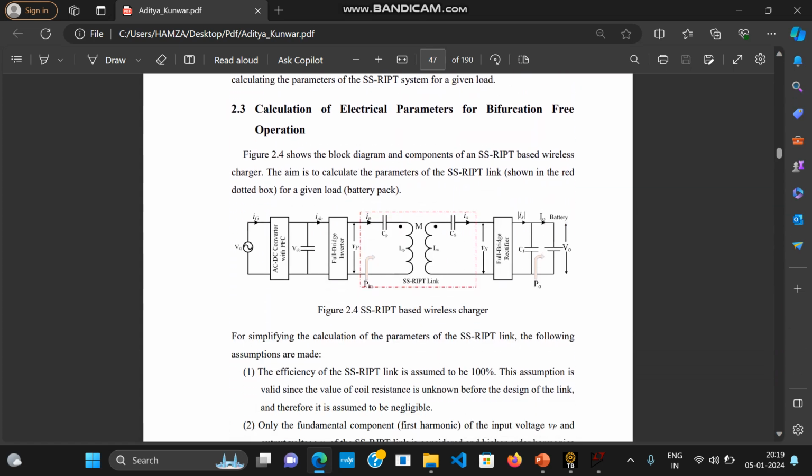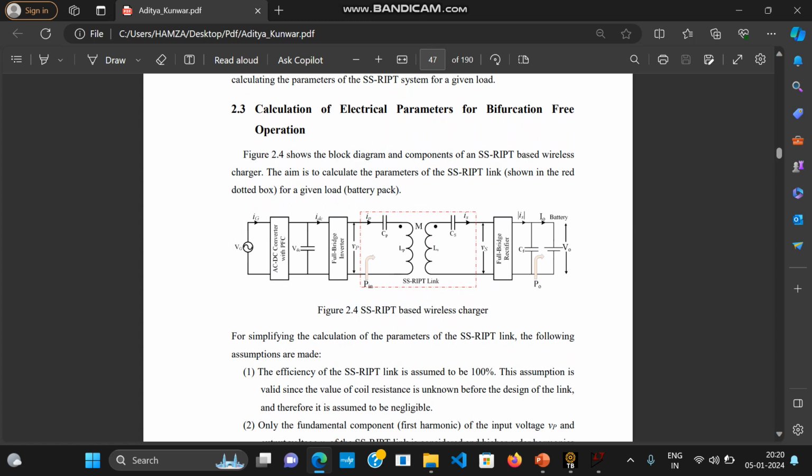This is the circuit of series compensation. Here you have placed these two capacitors in order to match the resonance frequency of the two circuits: a series capacitor in the transmitter and a series capacitor in the receiver. So this circuit is termed the series compensation topology.